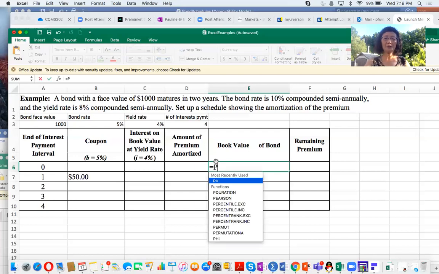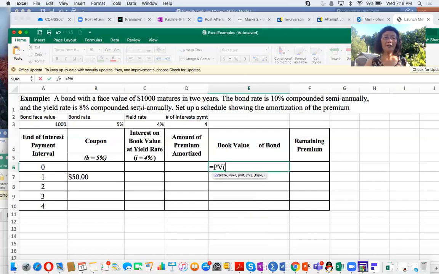So I'm going to do the present value of this $1,000. The rate is this yield rate, okay? Number of payments is this number 4. PMT is 0. Future value is this 1,000.